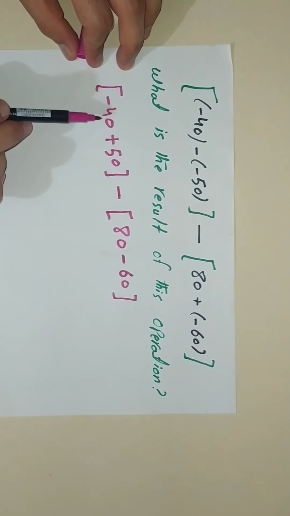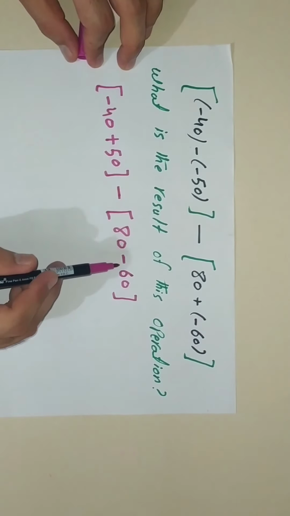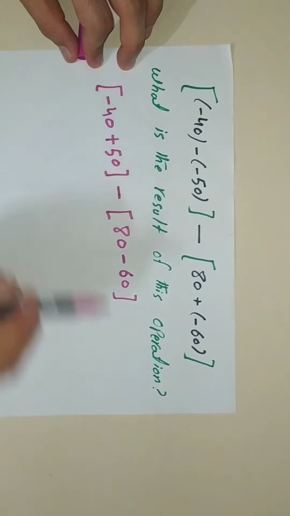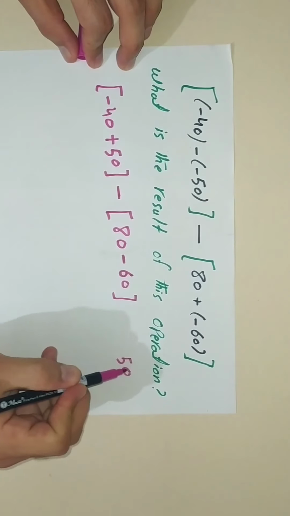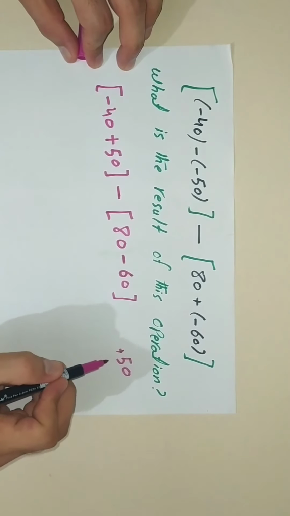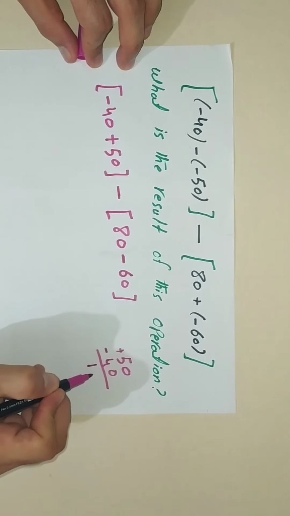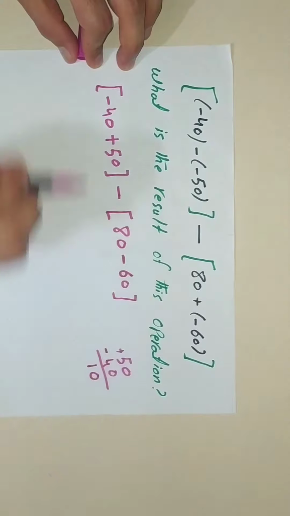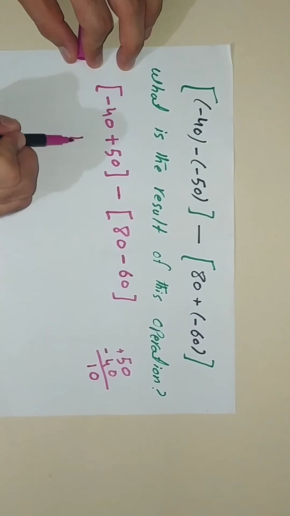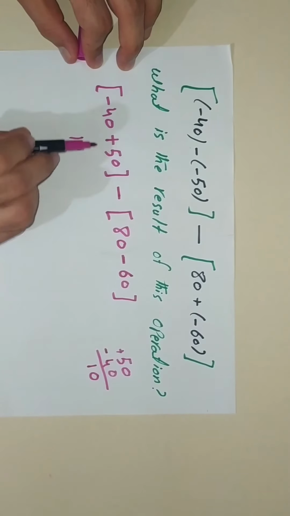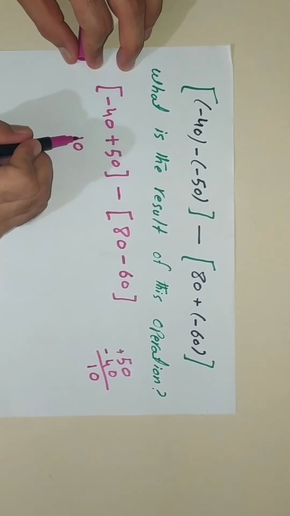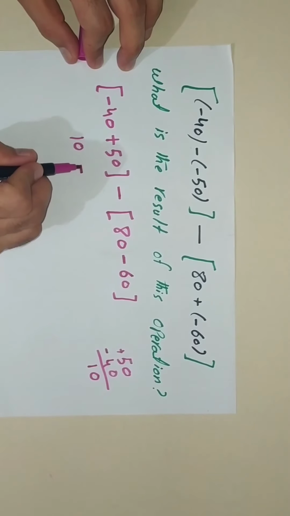Now first I have to solve bracket one. Now I will do minus 14 plus 15. 15 is in plus, and minus 14. So the answer will be 1. In this bracket, I solved this bracket, it gives us 10. Okay, now it is minus.